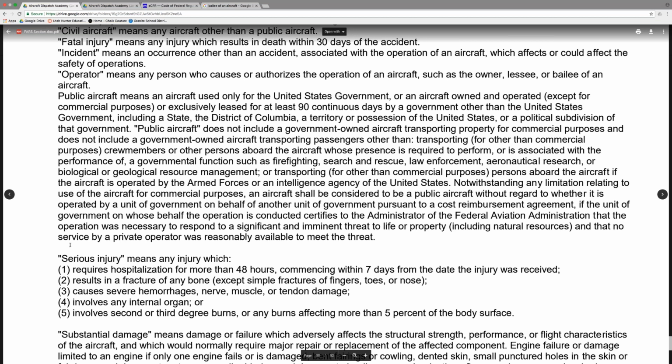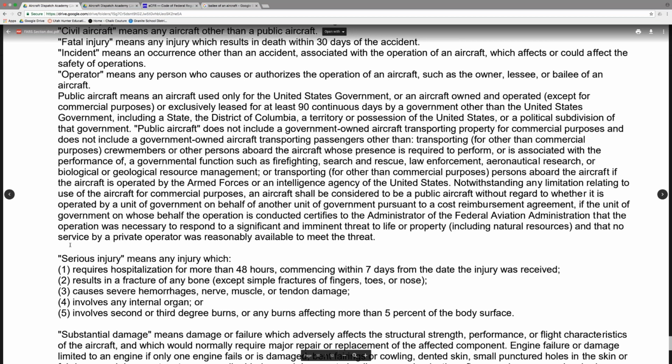Public aircraft means an aircraft used only for the United States government or an aircraft owned and operated, except for commercial purposes, or exclusively leased for at least 90 continuous days by a government other than the United States government, including a state, the District of Columbia, a territory or possession of the United States, or a political subdivision of that government.